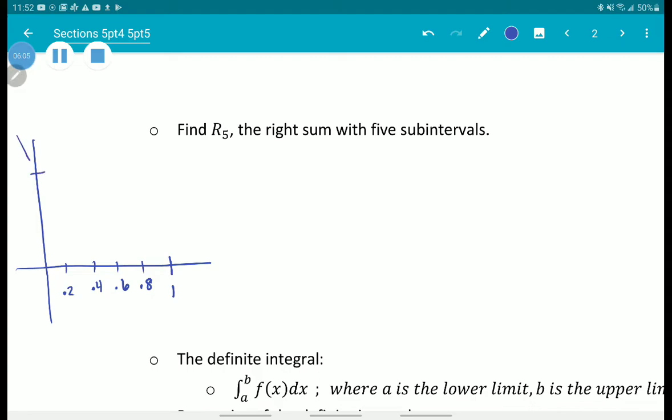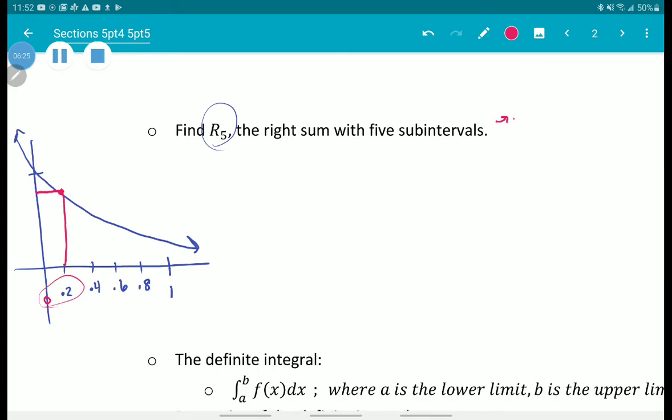The picture looks the same, but the rectangles are going to look different because now we're using the right sum. So when I use the right, here's 0. The right endpoint of that first interval is 0.2. So that's where I'm making my rectangle. And you can see how these are going to underestimate.